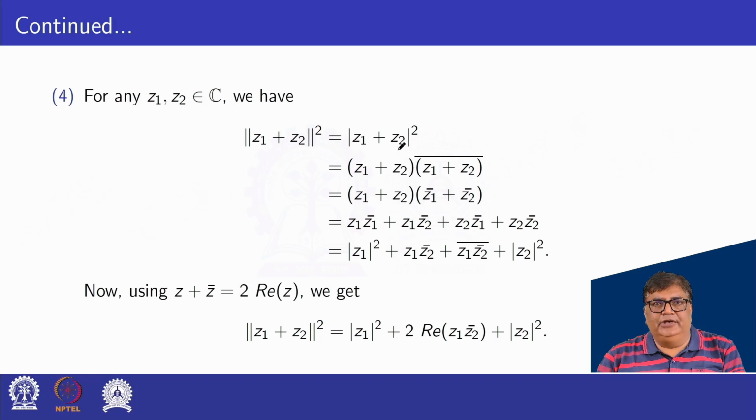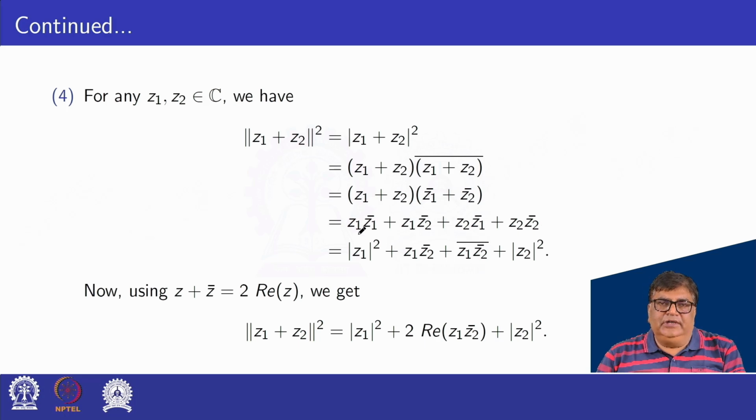So the square of mod z1 plus z2 can be written as z1 plus z2 times the conjugate complex of z1 plus z2. The conjugate z1 plus z2 bar can be written as z1 bar plus z2 bar. Multiplying z1 plus z2 and z1 bar plus z2 bar, we get z1 z1 bar plus z1 z2 bar plus z2 z1 bar plus z2 z2 bar.